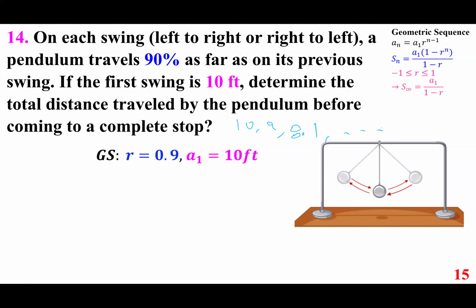So that is the geometric sequence we are looking at. And now we want the geometric sum. We want to add them up. And to add them up, we notice that r is between -1 and 1.